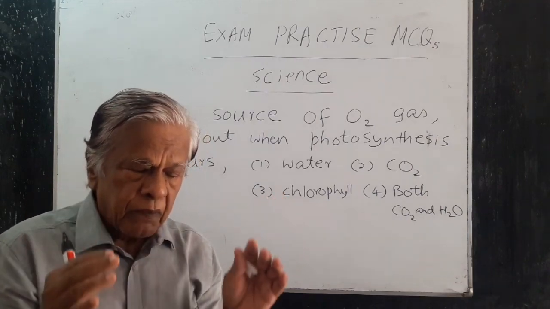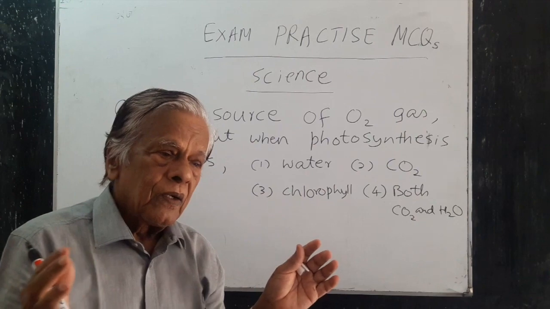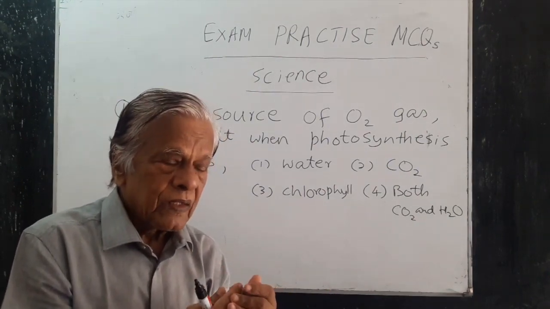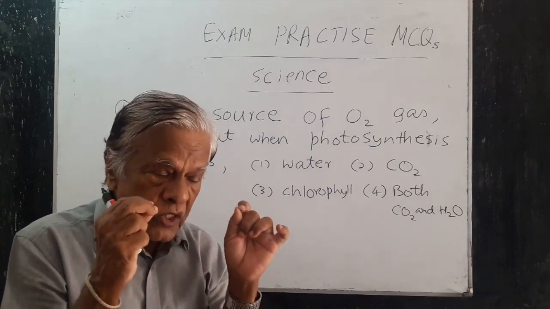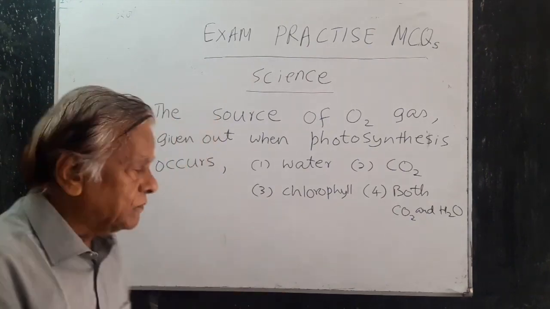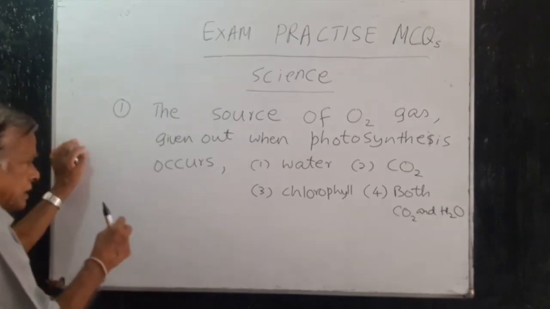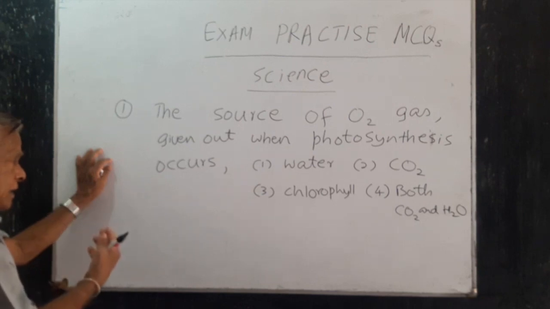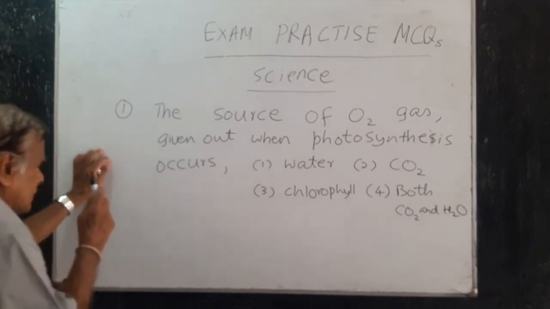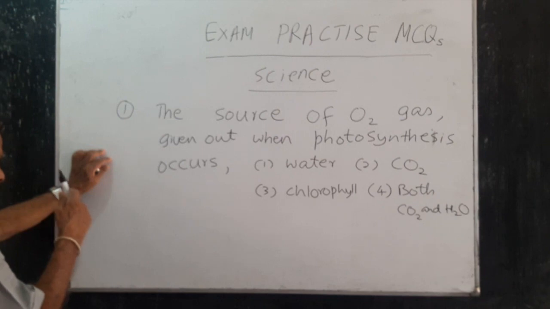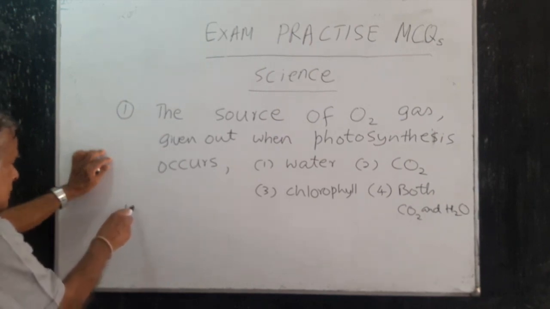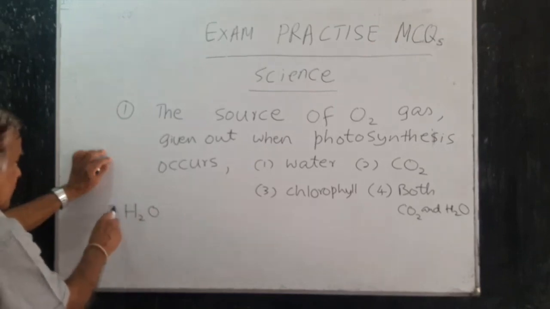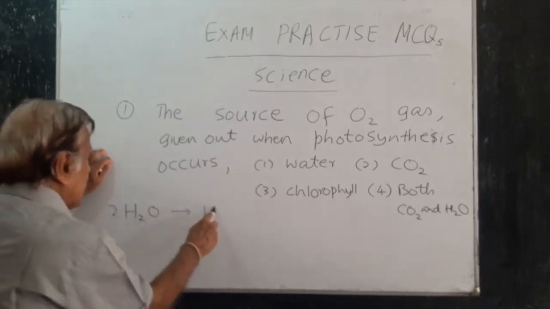Chlorophyll, the green pigment, is there to absorb energy from sunlight. Now, this energy which is absorbed from sunlight by chlorophyll is used to split water into hydrogen and oxygen.